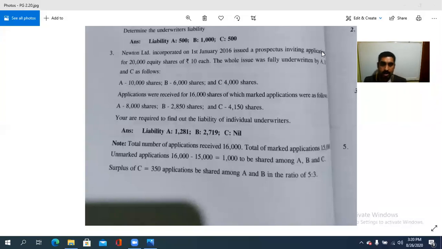So here, Newton Limited, incorporated on 1st January 2016, issued a prospectus inviting application for 20,000 equity shares of ₹10 each. So total is 20,000.